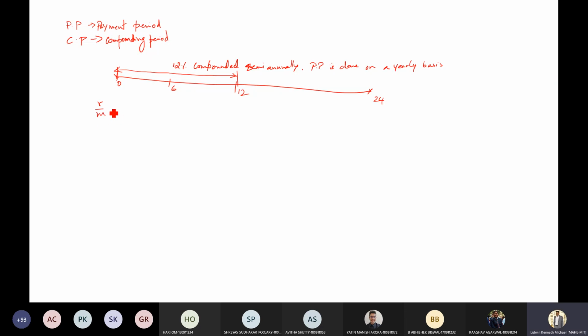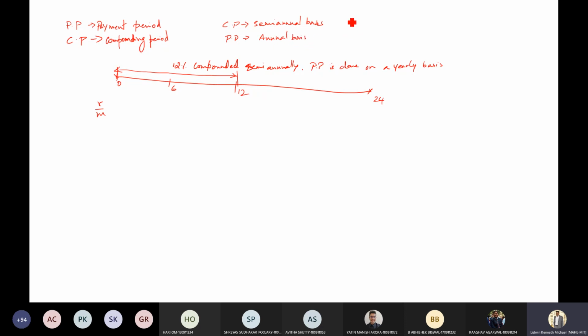What will it be? The interest rate is given as 12% compounded semi-annually. Your payment period is on a yearly basis, so your compounding period here is semi-annual. Your payment period is annual.